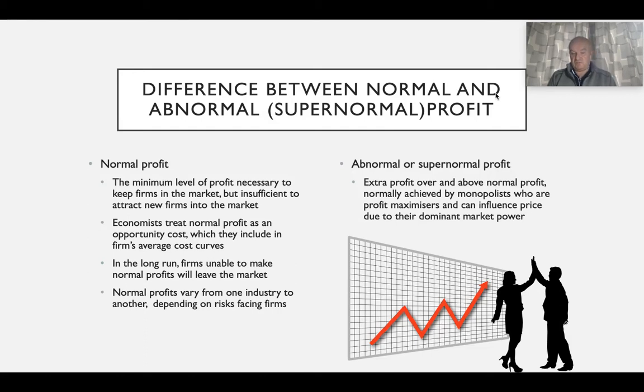They can also choose the price that they are going to select, and in that scenario, because of their dominant market power, they are likely to be able to make profits over and above the normal profit level. Okay, so it's an important distinction to understand. And obviously, if you are making abnormal or supernormal profits, there is a possibility that other businesses will be attracted into that market, simply because they can see an opportunity to make some of that profit too.